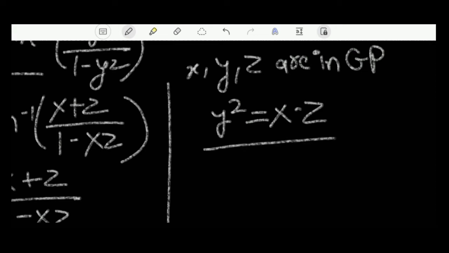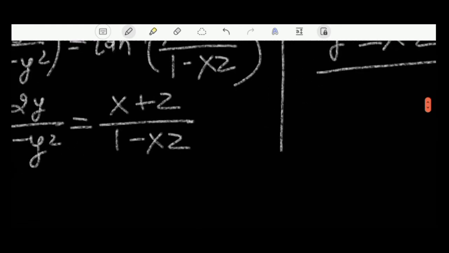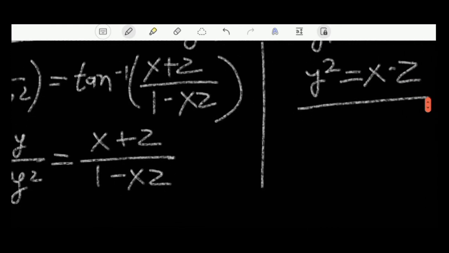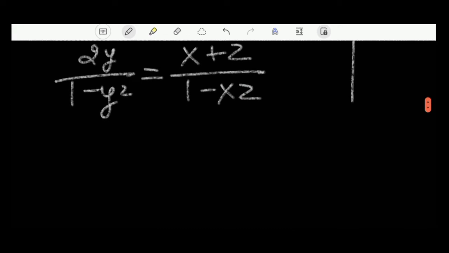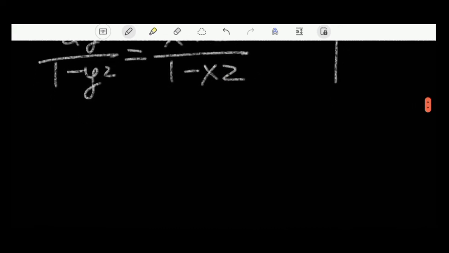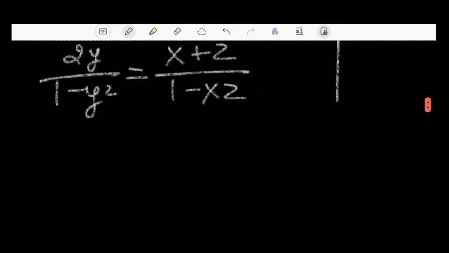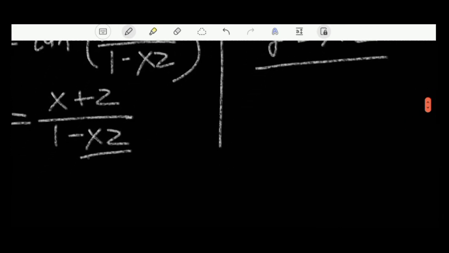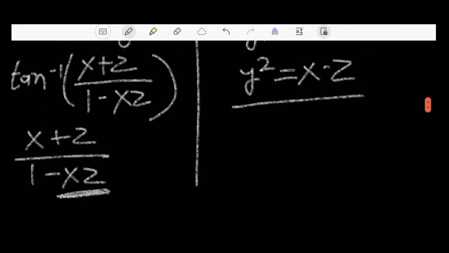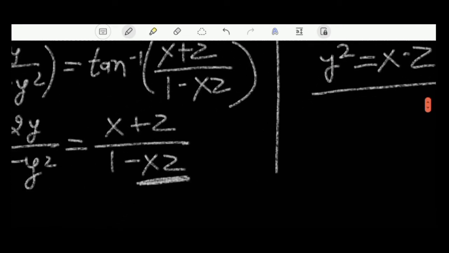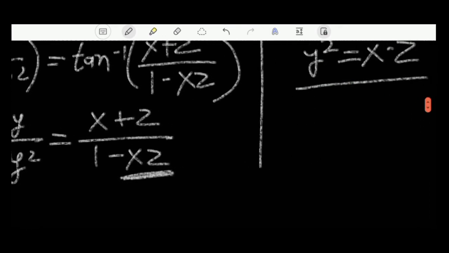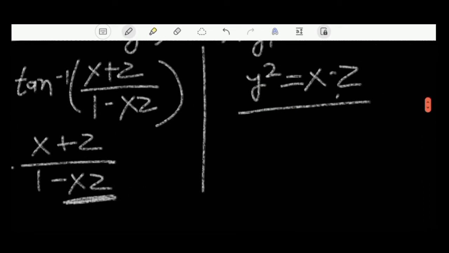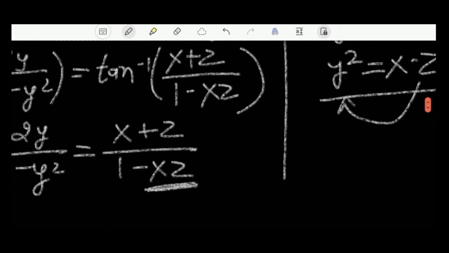This is a very basic property of GP. Since we have the xz part in the denominator of the right hand side, we can simply substitute its value y square over here.